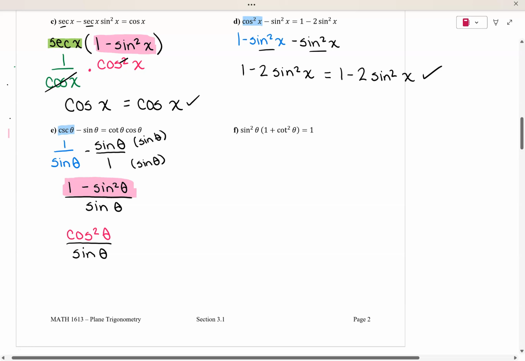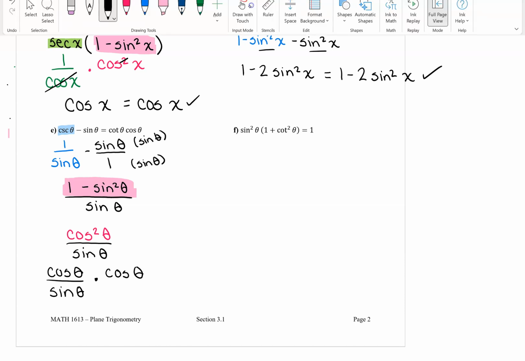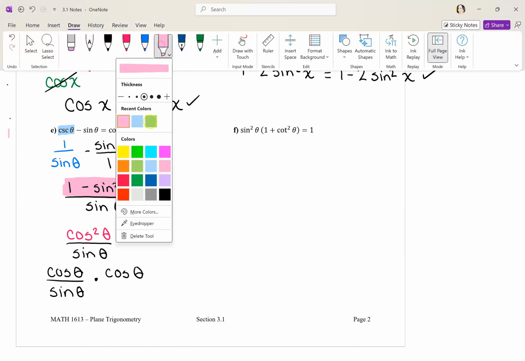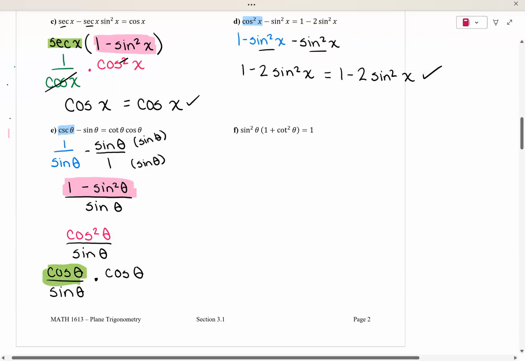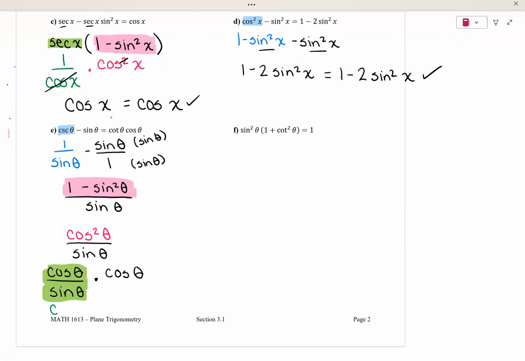Okay, and then we're going to separate these, because notice what we're trying to get. We're trying to get cotan. So notice if I separate cosine over sine times cosine, that this right here changes to cotan.